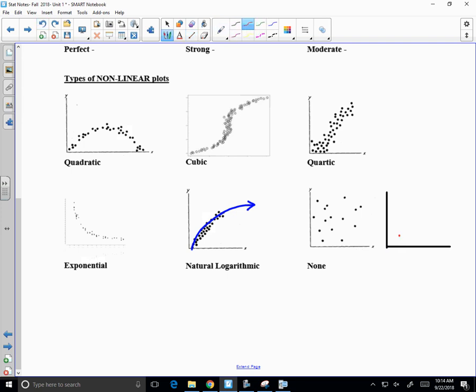You might have something that does form a pattern, but that pattern is not a function. And that's because it fails the vertical line test. Fails the vertical line test. You can't draw a vertical.